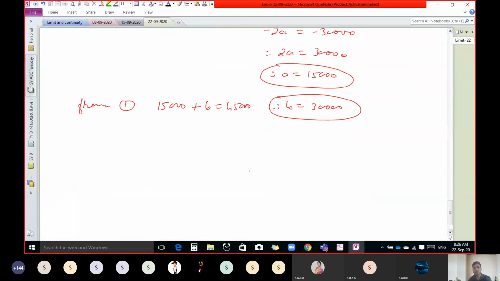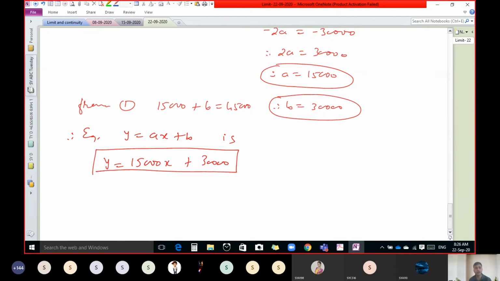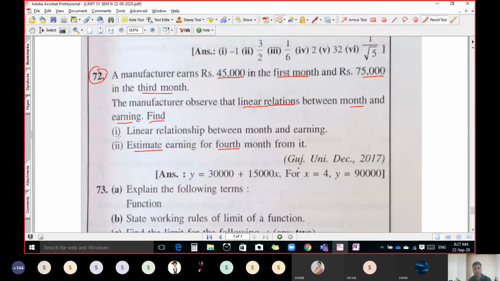Now our equation y equal to ax plus b becomes y equal to 15,000x plus 30,000. So this is your linear equation, the answer of the first part.